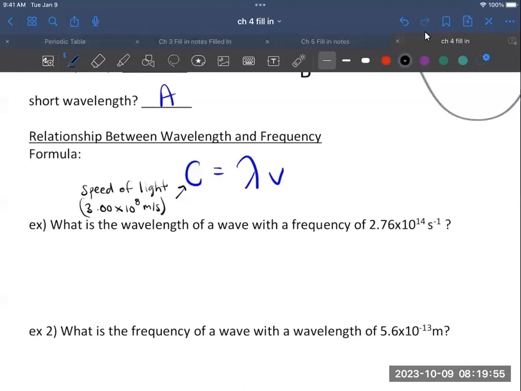And then this is the Greek letter lambda, and it represents wavelength, again measured in meters. And then there's the Greek letter nu, and it measures frequency. Again, you might see hertz or per second.